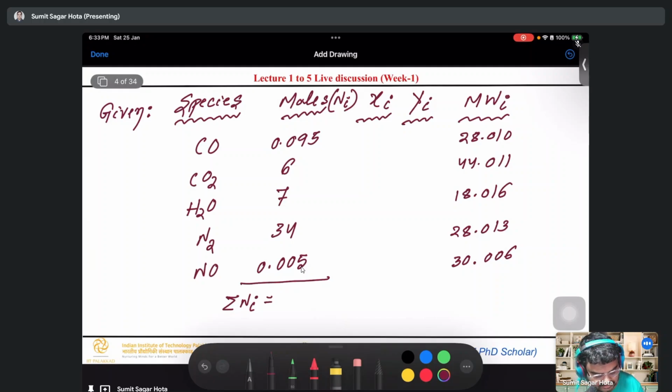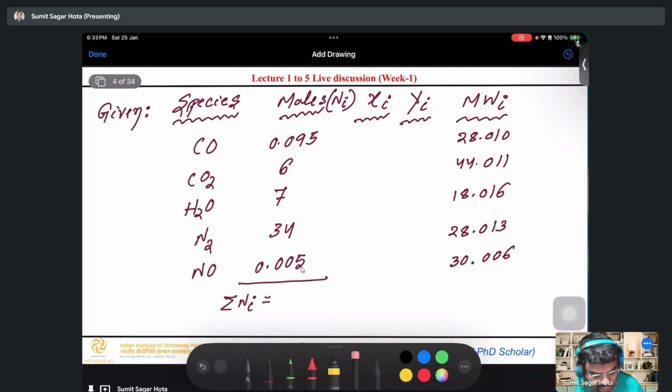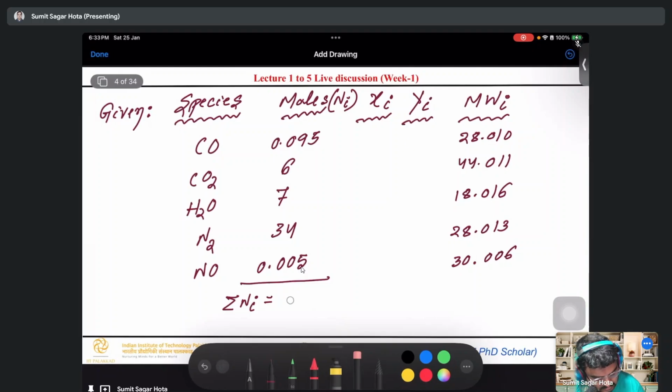If you sum all these values, it actually comes out to be 47, since 34 plus 7 plus 6 is 47, and 0.095 and 0.005 lead to 0.1. So that's 47.1.